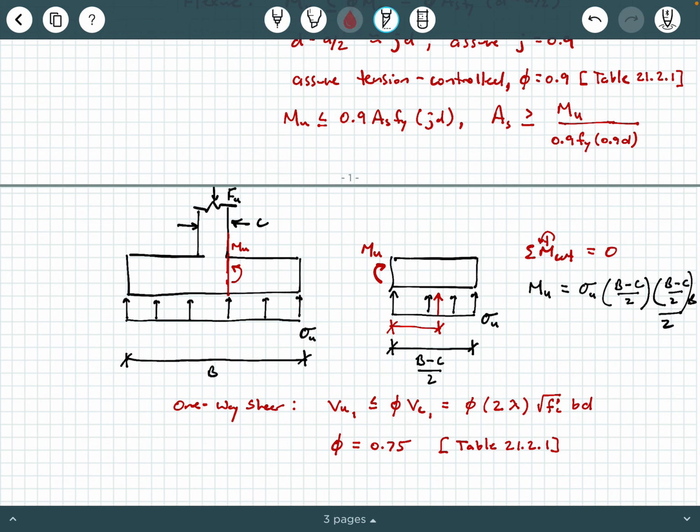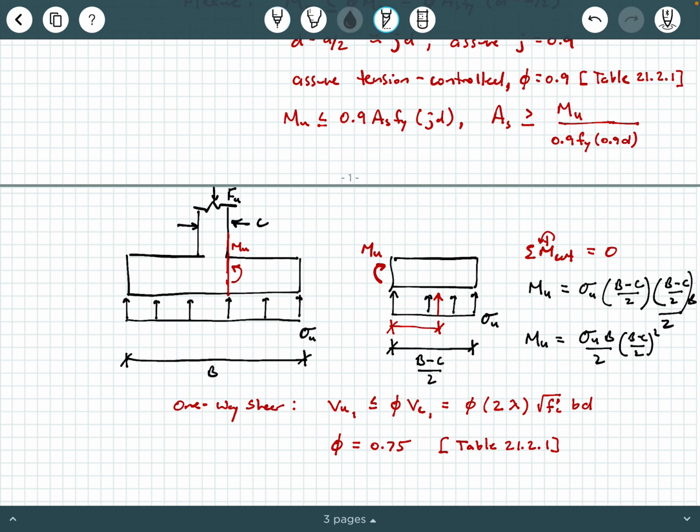Now, what about this other B that I threw out here? Well, this other B is the other B dimension, because remember, this is a square footing. So this is the B that's coming out of the screen at you, all right? So in total, this MU can be written as sigma u times B over 2 times (B minus C)/2 squared, okay?